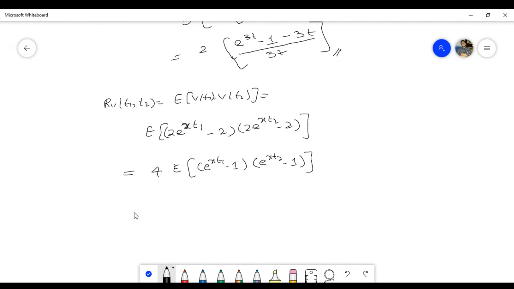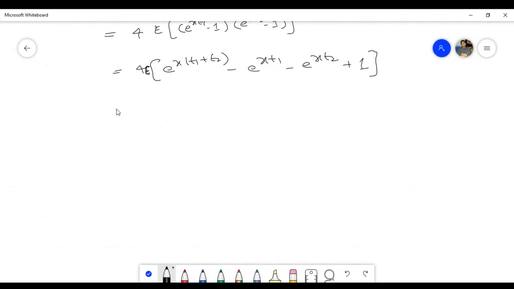Okay, so let us multiply this. It will be 4 e power x t1 plus t2, okay, e power x t1, e power x t2 plus 1. This is the expected value here.